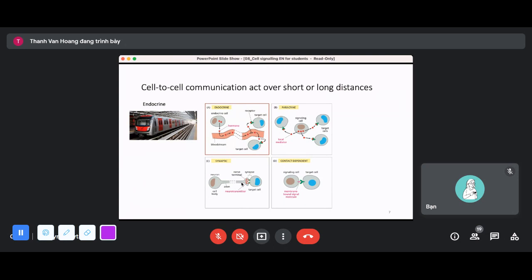I think the neuron signal is faster. Right? Yeah, it's right. Neuron, so synaptic signal cell communication or signal transduction is faster.